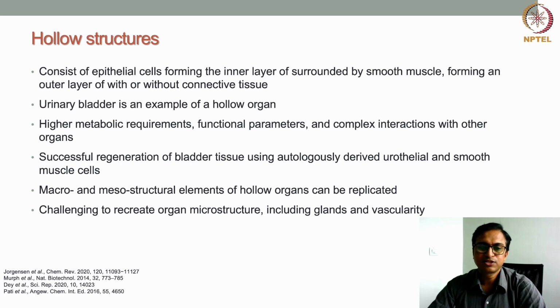So that is a successful regeneration of bladder tissue, where macro and mesostructure elements of hollow structure organs can be replicated.